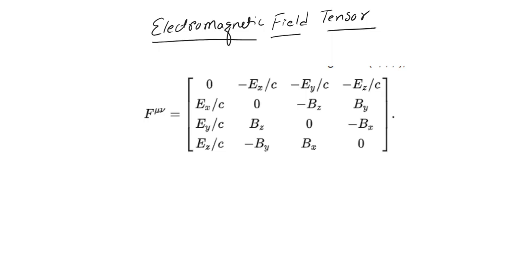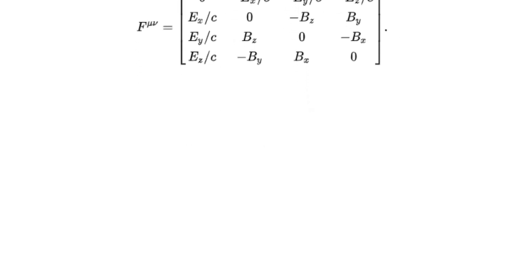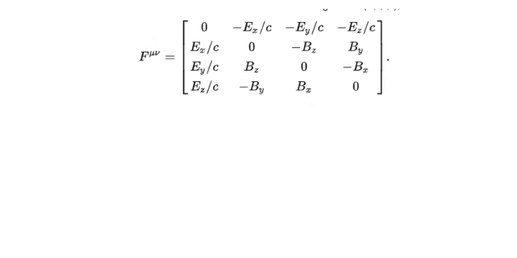How we'll actually derive it from the equation, from the action S. As you all have seen in the previous video, we define the action as the integral of minus mc ds minus e by c Ai dxi.